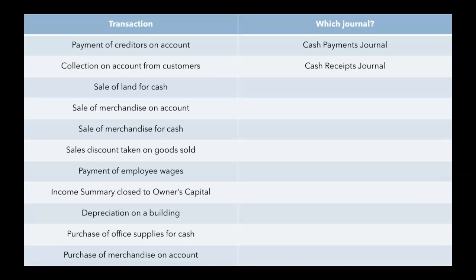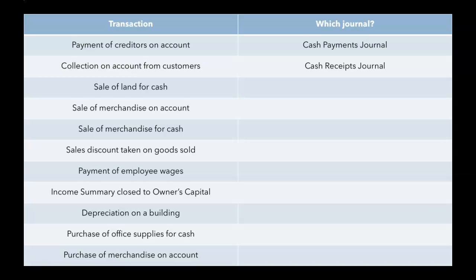Sale of land for cash. So the first thought here might be sales journal, right? Because there's a sale. But remember, your sales journal only involves sales of merchandise on account. Here we're selling land and it's for cash, so we can cross off the sales journal.